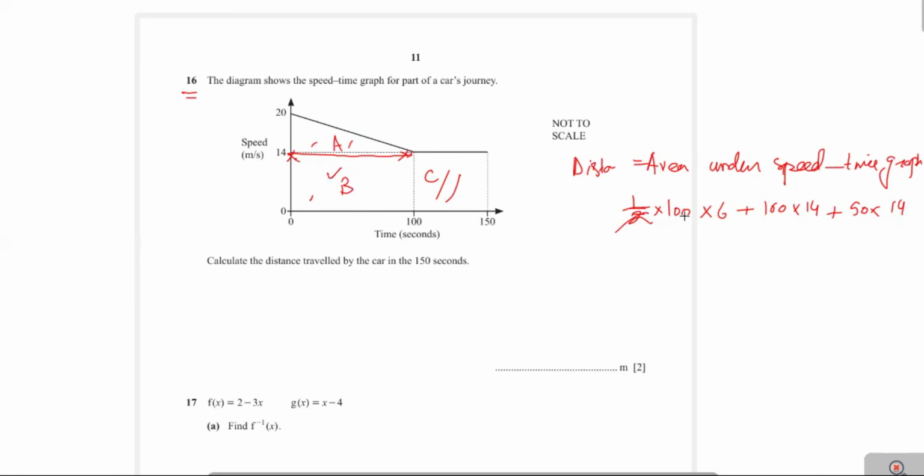Now we calculate it. 1/2 times 6 is 3. 3 times 100 is 300. 100 times 14 is 1400. And 50 times 14 is 700. This value will be equal to 2400 meters. And this is the answer.